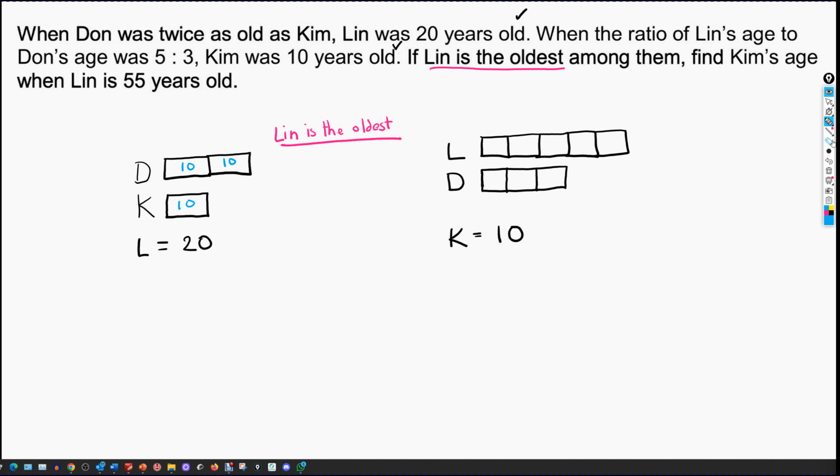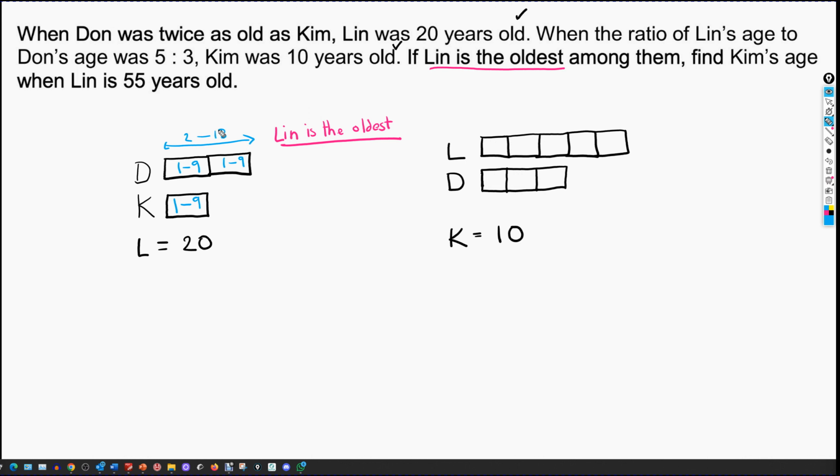So we knew then from that Kim could not be as old as 10 at this point, that she had to be between 1 and 9. And if this is between 1 and 9, this is also between 1 and 9, and this is also between 1 and 9. Okay, now that could help us figure out that Don must be in this snapshot between 2 and 18.